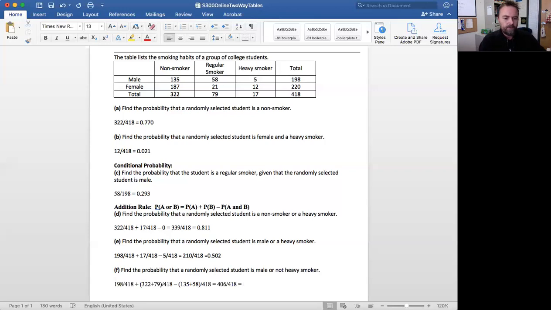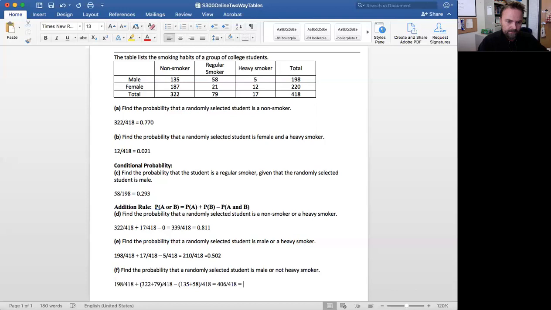So double check that: I'm doing 198 plus 322 plus 79, and then I'm subtracting off the 135 plus 58, which is 193. So subtract off that 193 to get a total of 406.